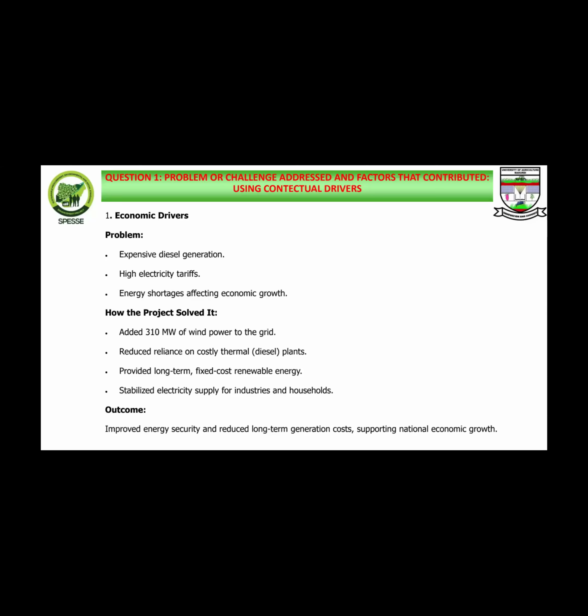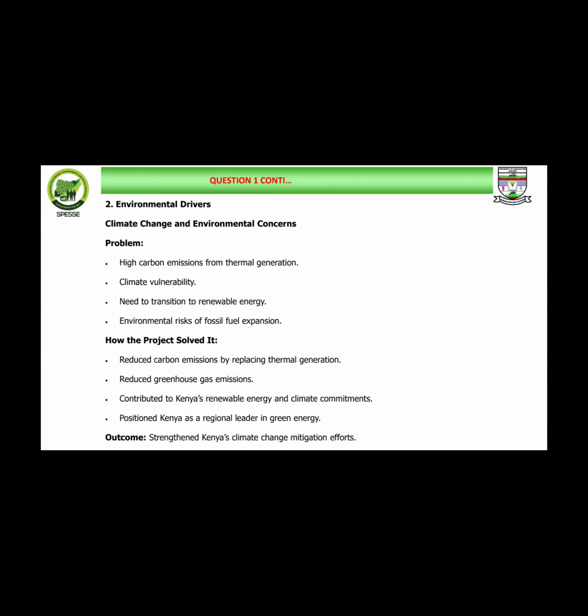How the project will solve this is by the addition of about 310 megawatts of wind power to the grid, reduced reliance on costly thermal diesel plants, providing long-term fixed-cost renewable energy, and stabilized electricity supply for industries and households. The overall outcome will be improved energy security and reduced long-term generation costs, supporting national economic growth. Next slide, please. The problem also links to environmental drivers such as climate change and environmental concerns.